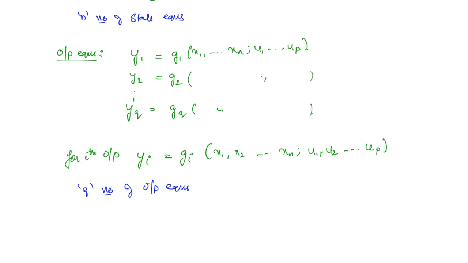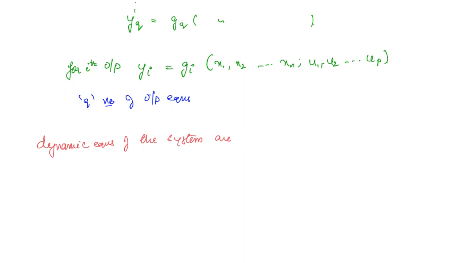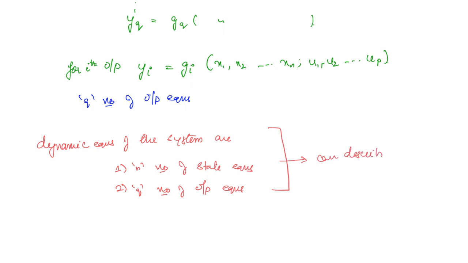So you can write: the dynamic equations of the system are n number of state equations and q number of output equations. These equations together can describe the system completely.